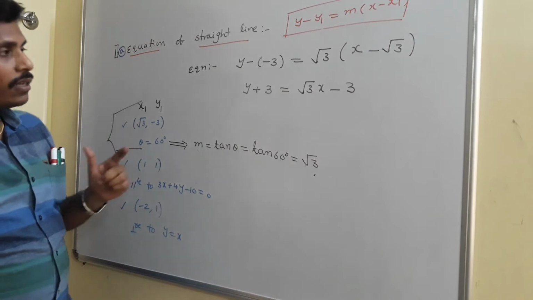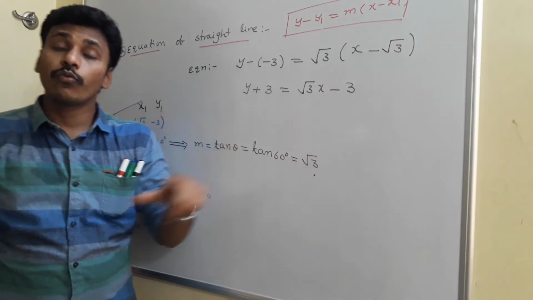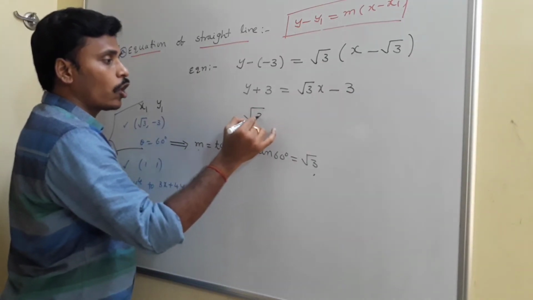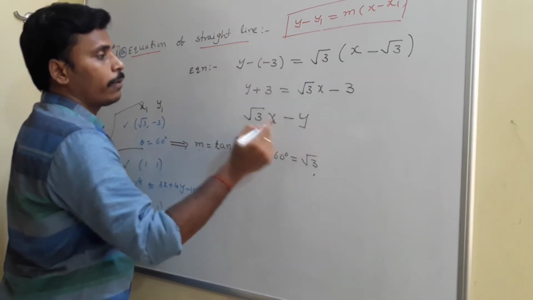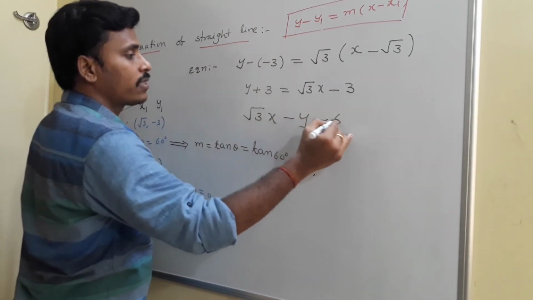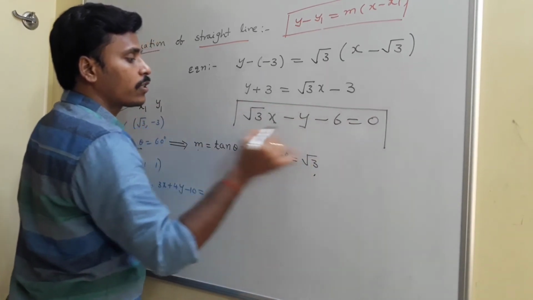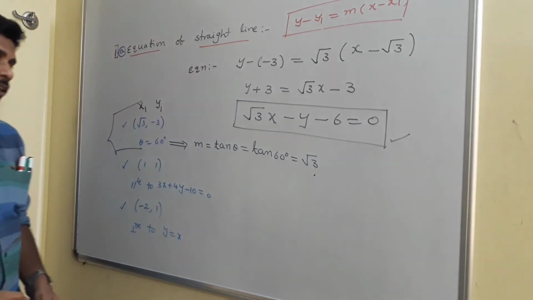So y plus 3 is equal to root 3x minus 3. If you send everything to that side, it becomes root 3x minus y minus 6 is equal to 0, which is the equation of the straight line.